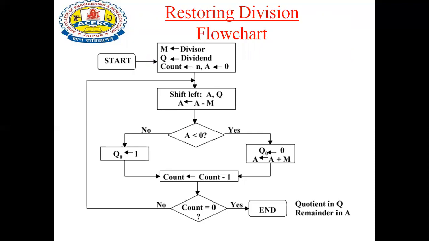First, shift left registers A and Q. Then subtract: A equal to A minus M. Then check if the leftmost bit of A is 1. If so, we assign Q0 equal to 0 and A equal to A plus M. If the leftmost bit of A is 0, then Q0 is assigned 1.